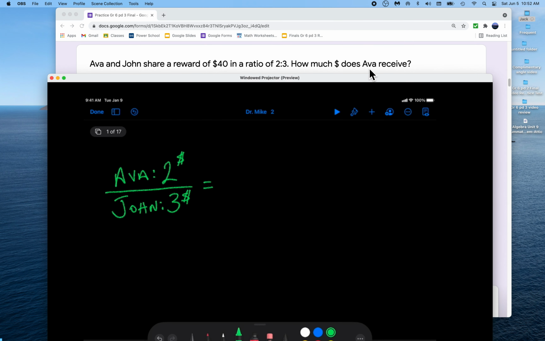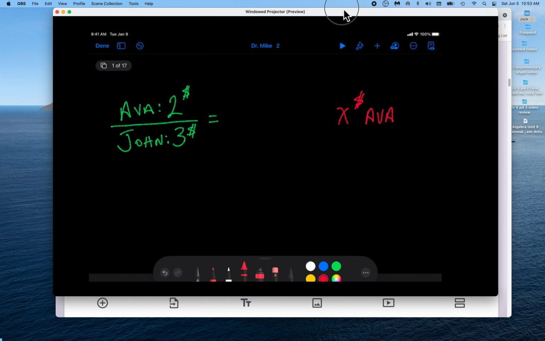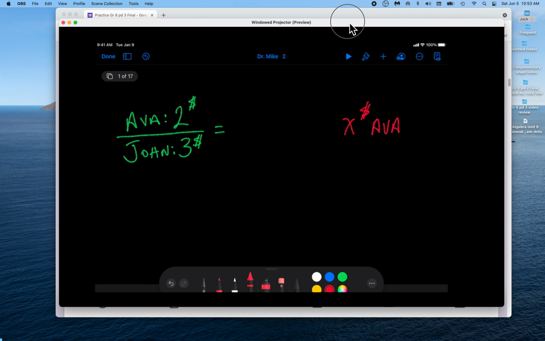How much money does Ava receive? See those words, how much? Whatever follows, that's what we set equal to x. So immediately I'm going to put here x dollars Ava. That's what we're going to try to solve. Again, indicated by words like that. And the total reward is 40.